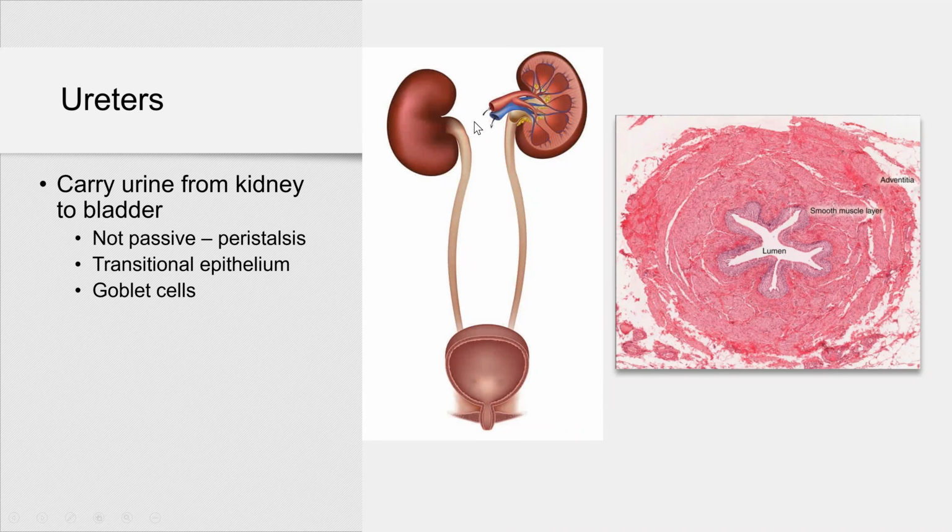Now when urine is formed inside the kidneys, you transport it to your urinary bladder, and those tubes that transport urine are called ureters. So you have right ureter, left ureter. So right there, they carry urine from kidney to bladder.